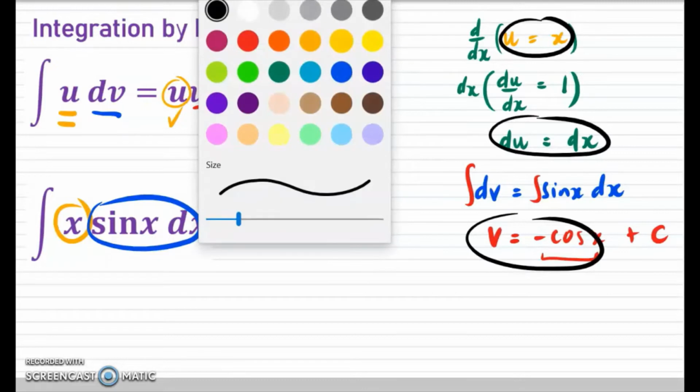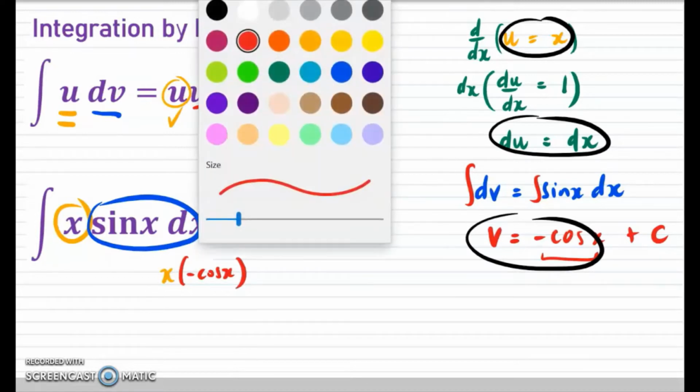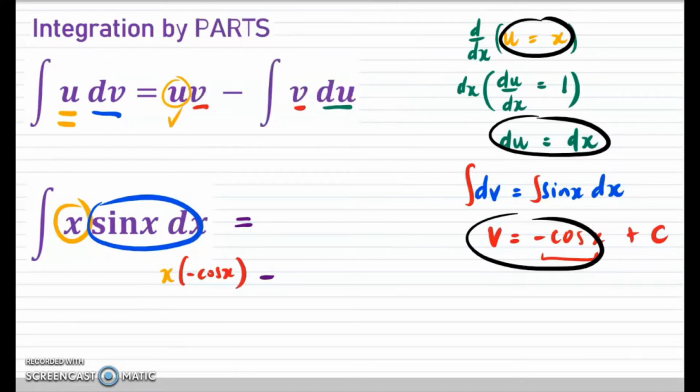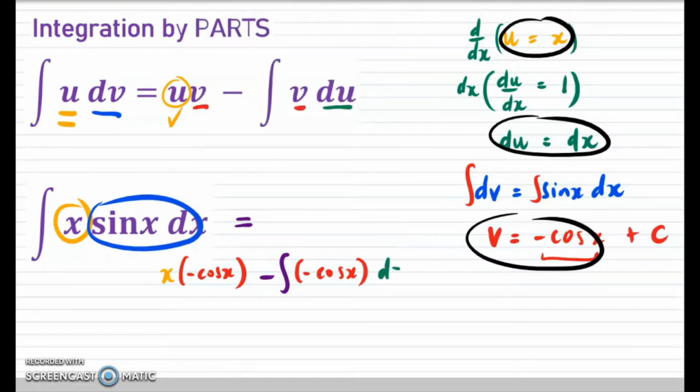Now let's do this. We have u, which is x, multiplied by v, which is negative cosine x, and then minus the integration of v, which is again negative cosine x, multiplied by du, which is dx.